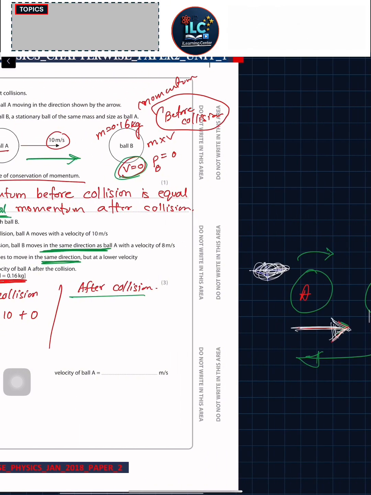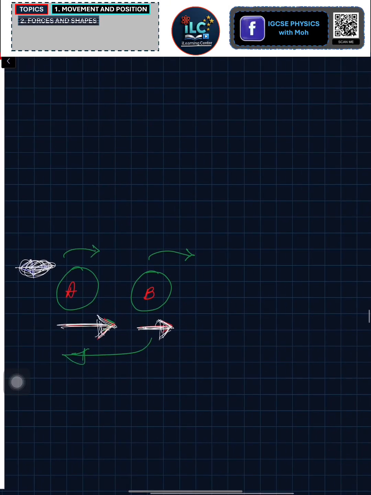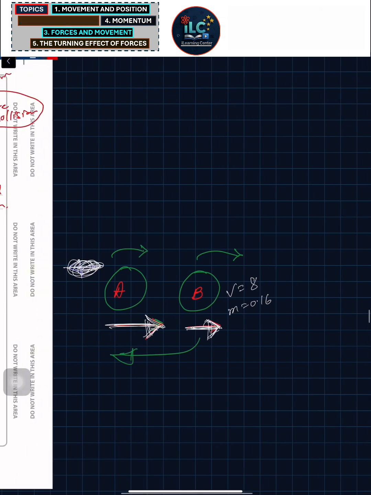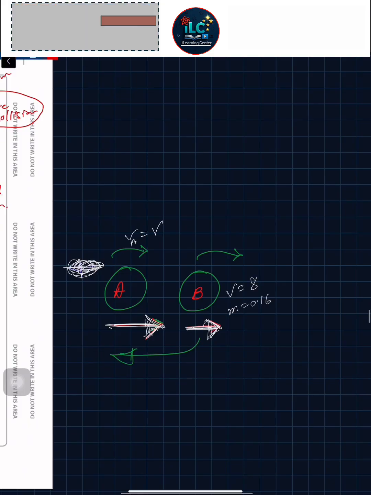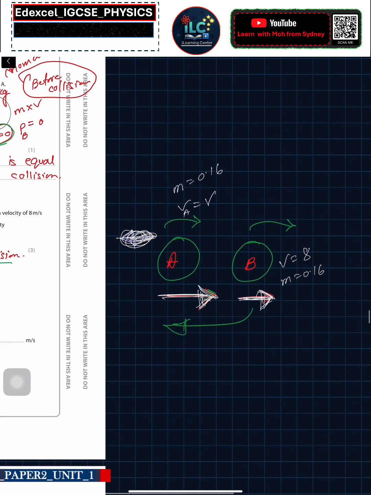So here another piece of information was given: B has a velocity of 8. I already know the mass is 0.16. And for this one, I don't know the velocity, so I say the velocity of A is V. The mass is again 0.16. So let's do some calculation here.